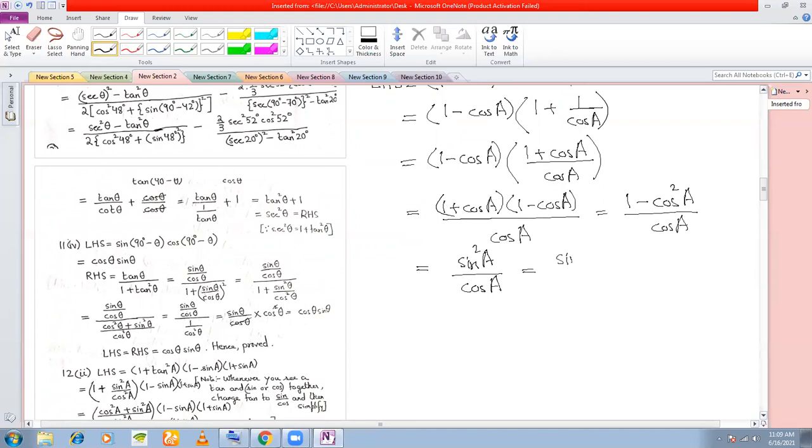And sine square A can be written as sine A into sine A. Which is tan A into sine A, which is equal to right hand side, and that is proved.